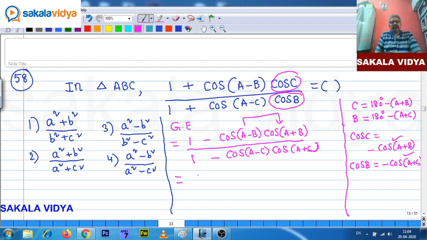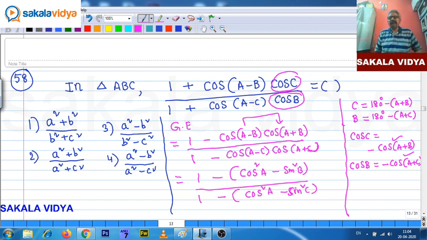So this we can write 1 minus cos square A minus sin square B upon, in a similar manner, cos of A minus C into cos of A plus C, cos square A minus cos square C, sorry, sin square C.